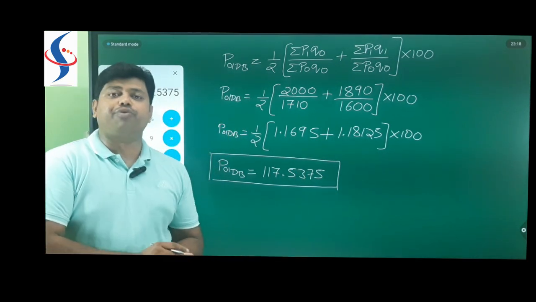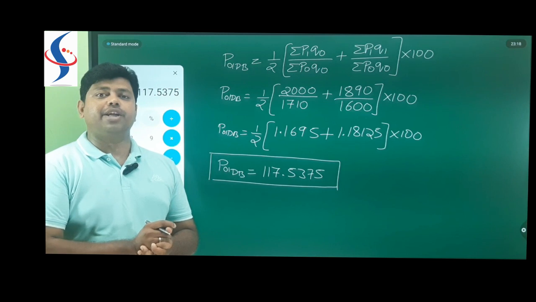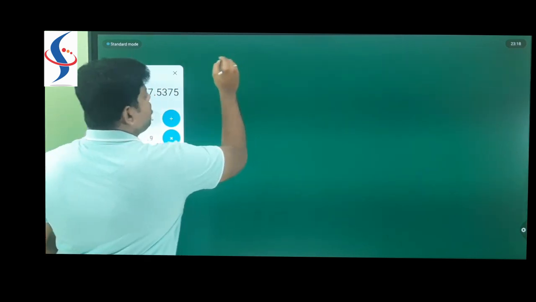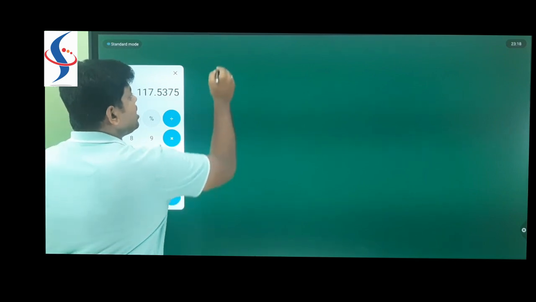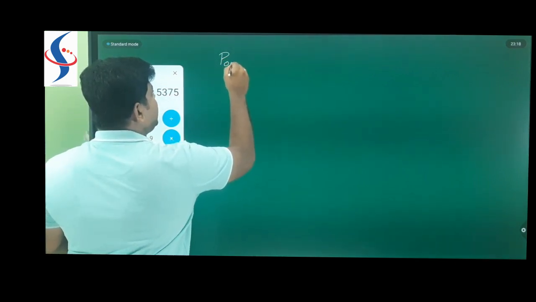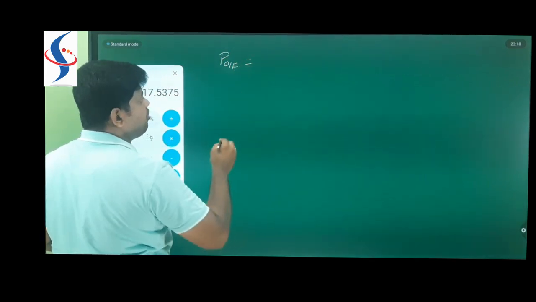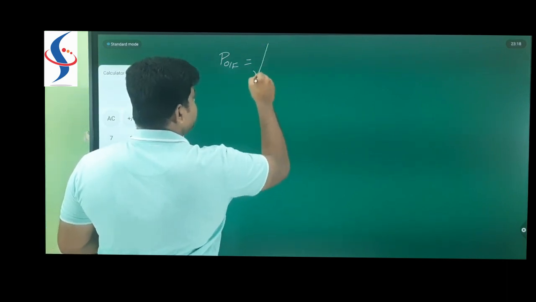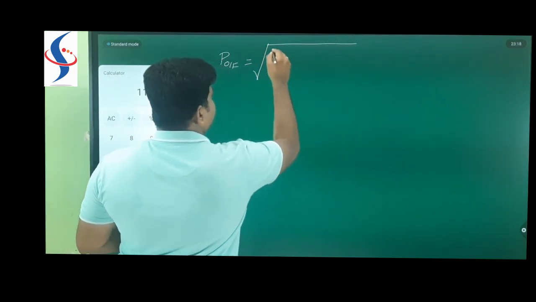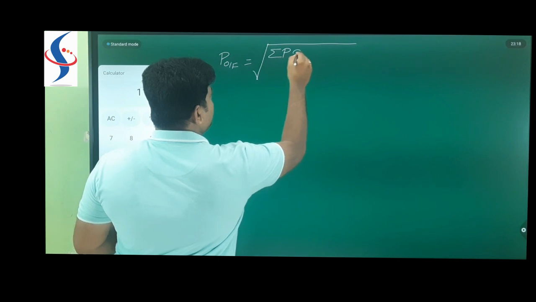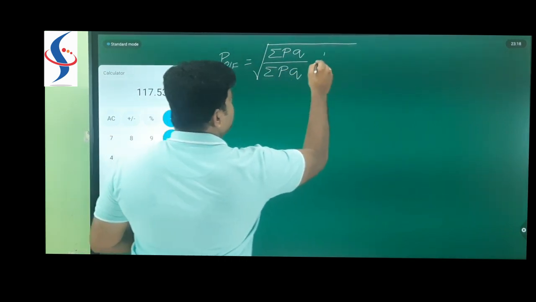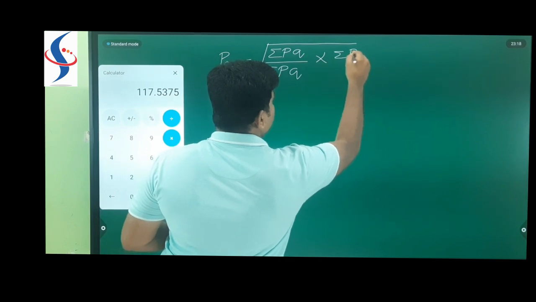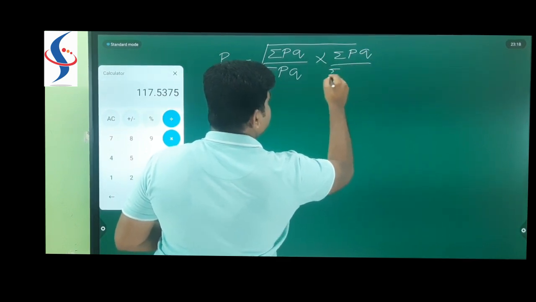Our next job is to find the price index number by using Fisher's formula. So first our job is to write down Fisher's index number formula. It starts with square root. We know summation PQ divided by summation PQ into summation PQ divided by summation PQ.